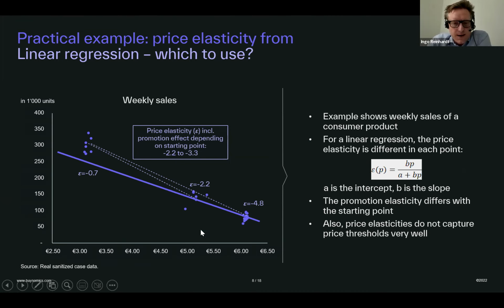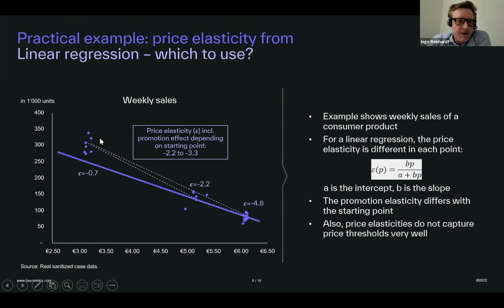Initially the product was sold at a little bit above 5 euros. And then at some point, the price was increased to a little bit above 6 euros, indicating this trend here. So sales were lost after the price increase, as we would expect.